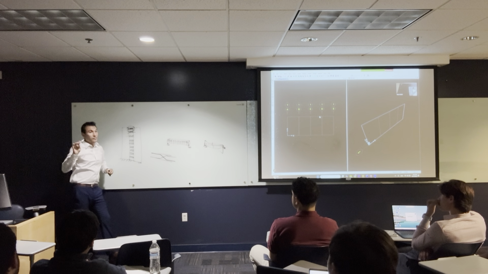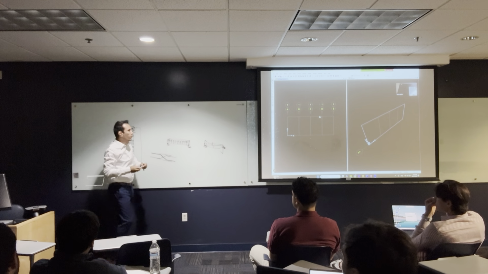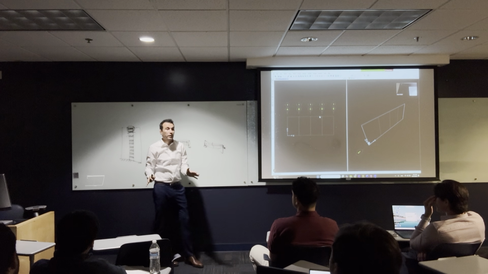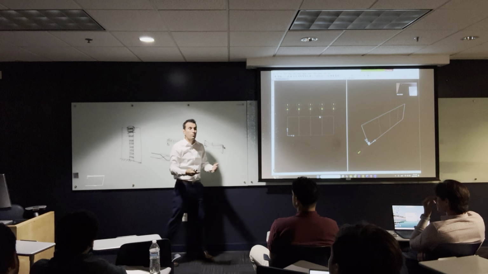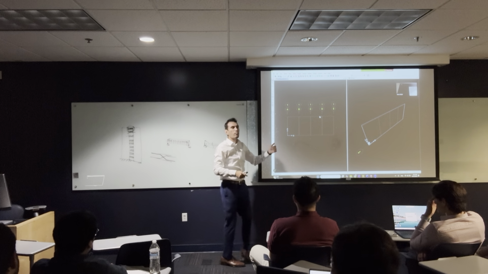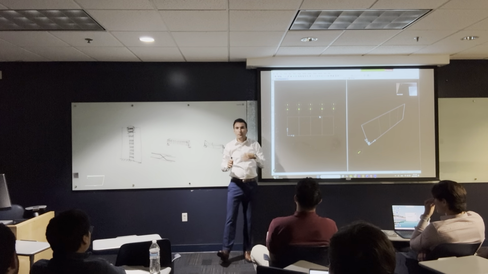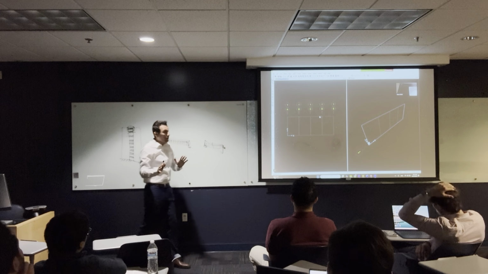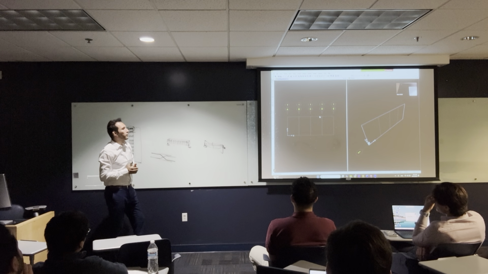So sometimes there are cases where we cannot model the beam as a frame. But in most structural engineering applications, since we're only interested in bending moment and shear force diagrams, we model the beams and the frames as frame elements, okay? But there are some exceptions, and we talked about them right now.